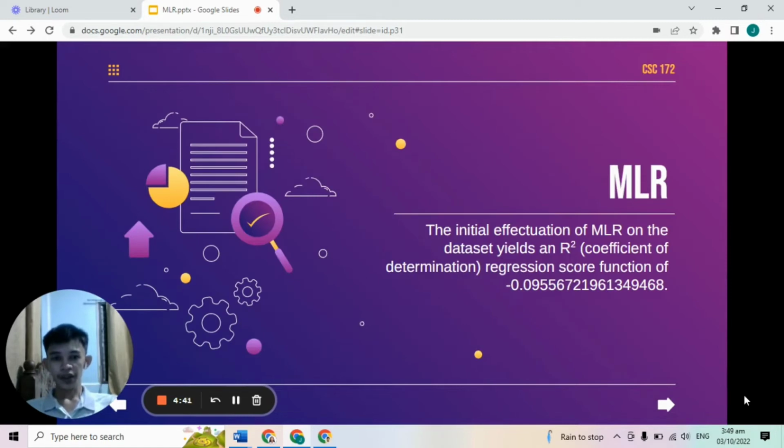The initial implementation of MLR on the dataset yields an R-squared coefficient of determination regression score function of negative 0.09556721961349468. The rule of thumb is that the value is supposed to lie between 0 and 1 inclusive, but it is possible to exceed those parameters.